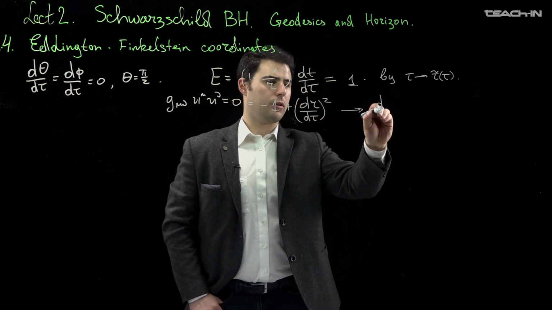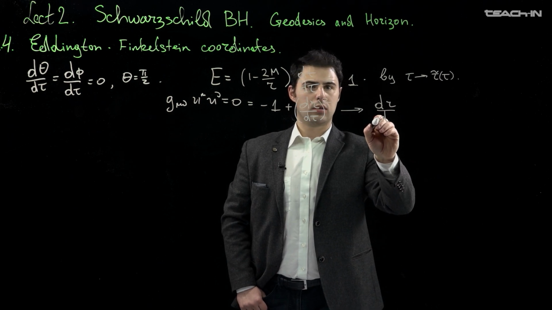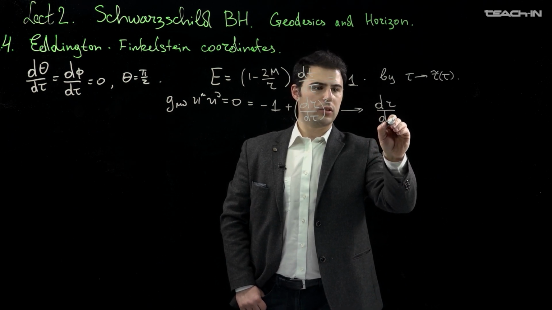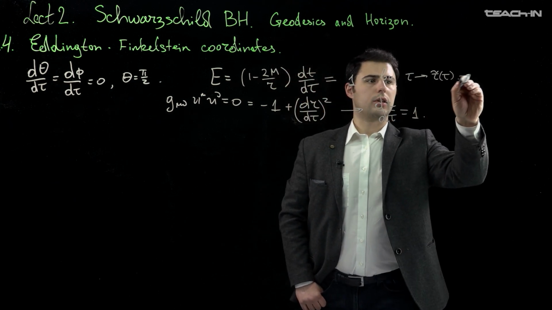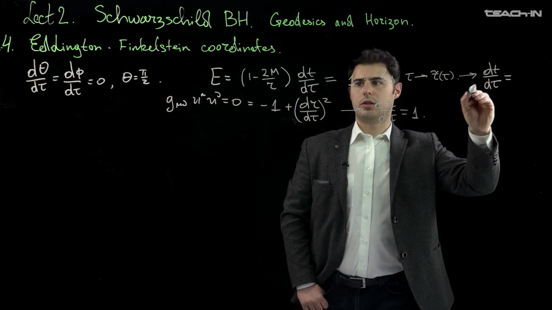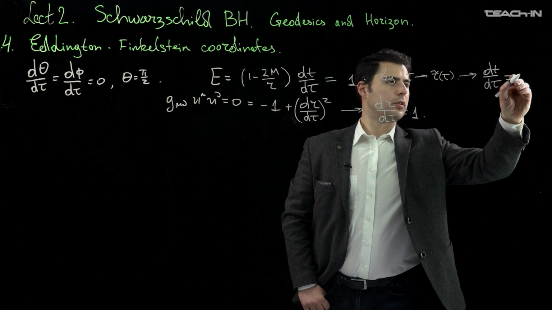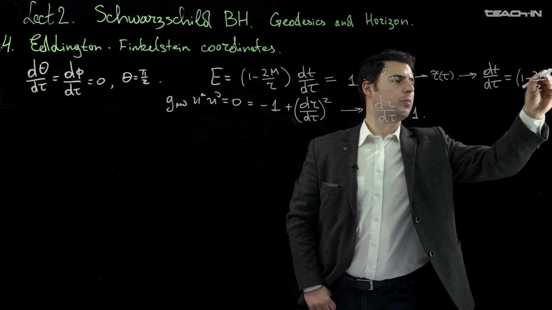So from this we have dr/dτ equals 1, and dt/dτ equals (1 minus 2m/r) to the power minus 1.